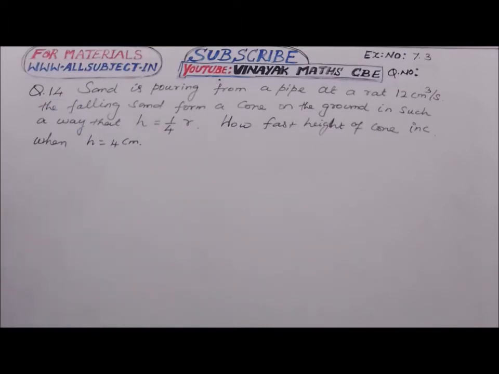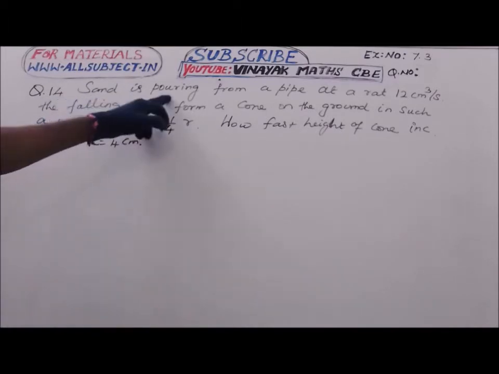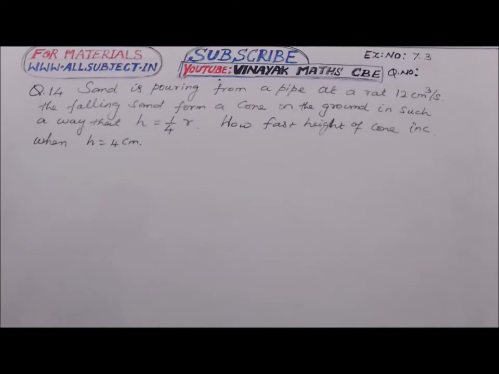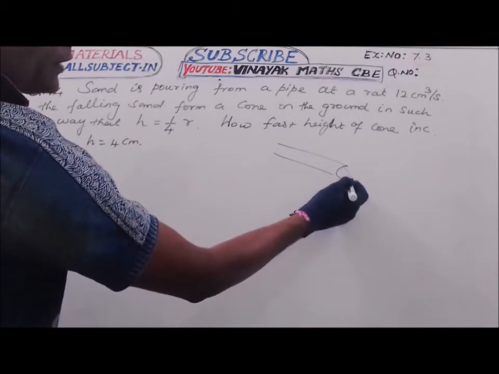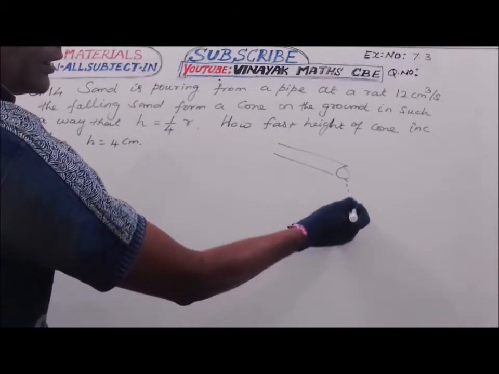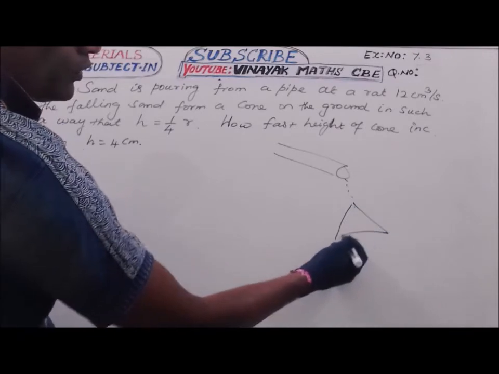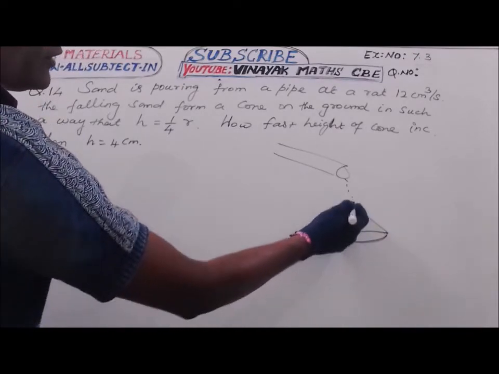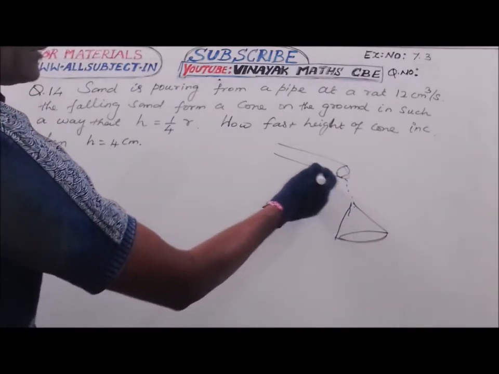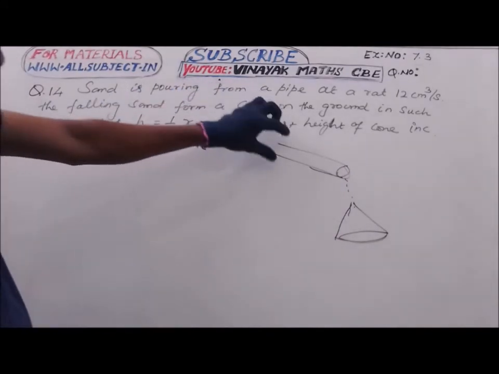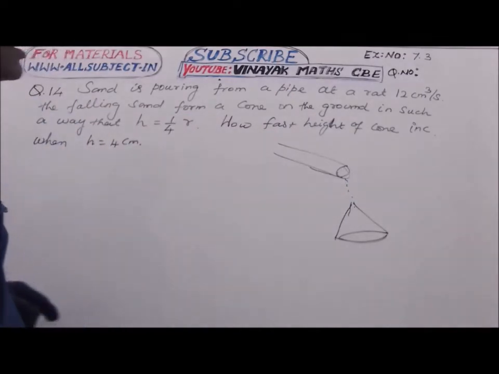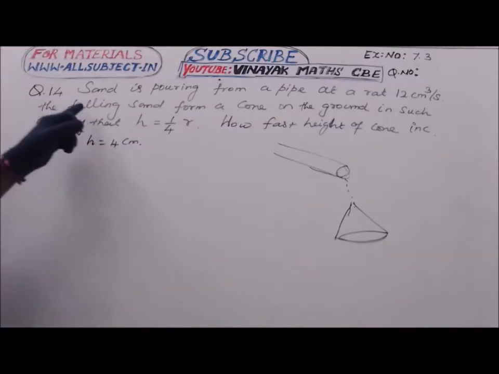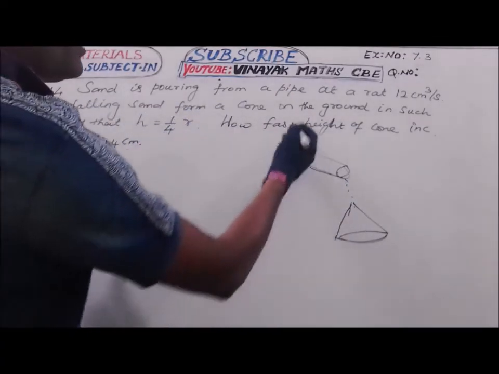Question number 14. Sand is pouring from a pipe at a rate of 12 centimeter cube per second. Let it be a pipe. If sand is pouring from it, it will form a cone. When pouring sand from a pipe, the pipe is in cylindrical form, at a rate of 12 centimeter cube per second, the falling sand forms a cone on the ground.